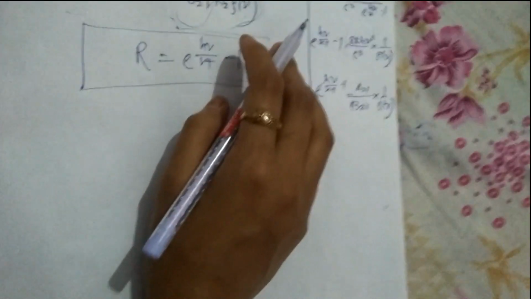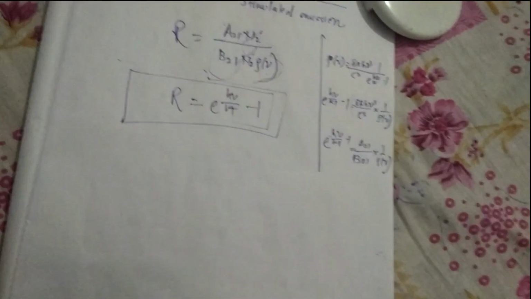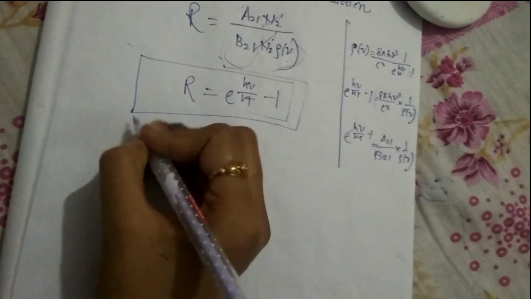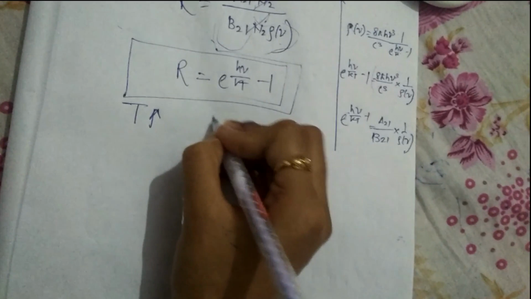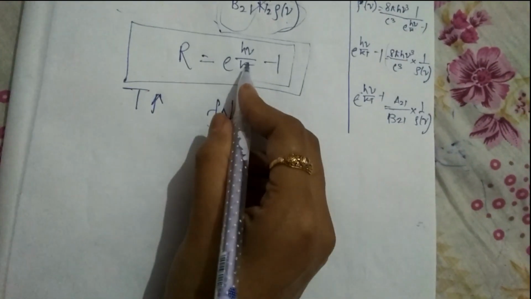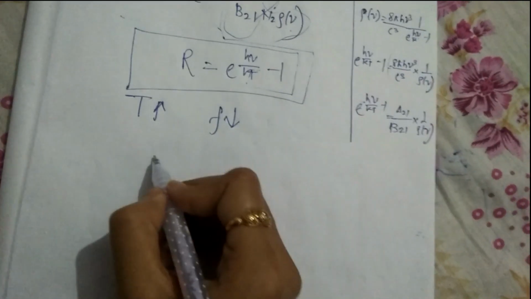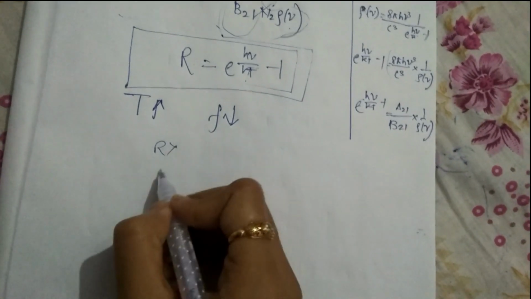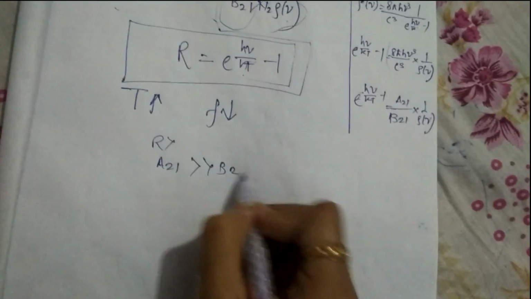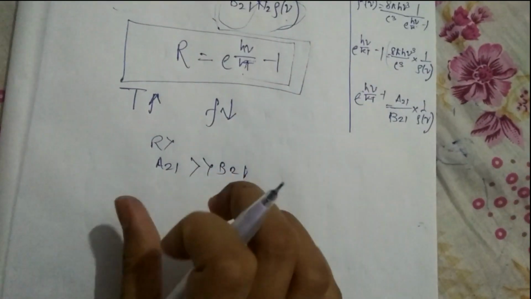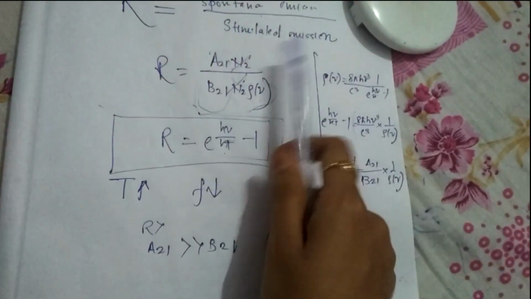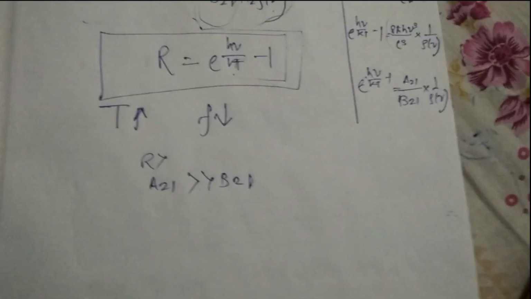So from this equation, we observe that at high temperature and low frequency, under this condition, R will be greater than 1, meaning A21 will be greater than B21. A21 greater than B21 means spontaneous emission dominates the stimulated emission.